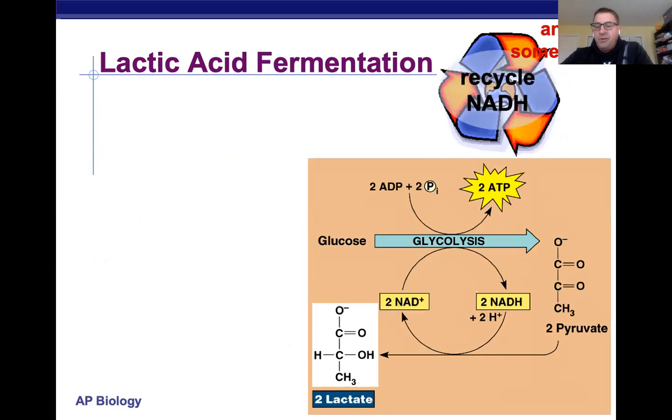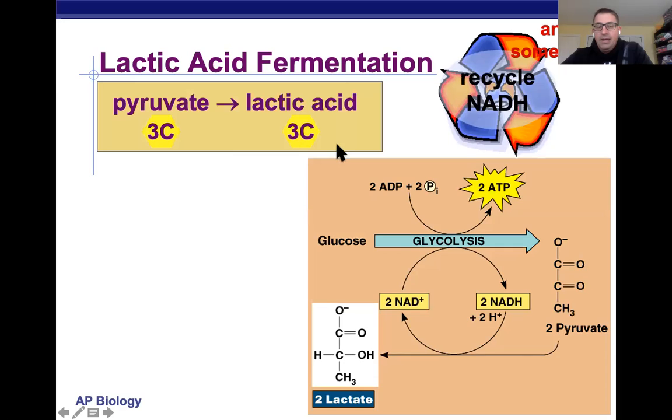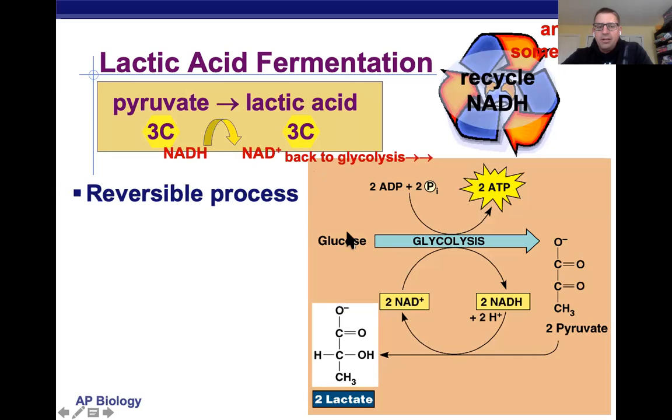In animals and some fungi and some bacteria, lactic acid fermentation takes place. And with this, we're going to convert pyruvate directly into lactic acid. Now, if we take a look at this process, we see that glucose goes through glycolysis. We generate the 2 ATP and the 2 NADH and our 2 pyruvate here.